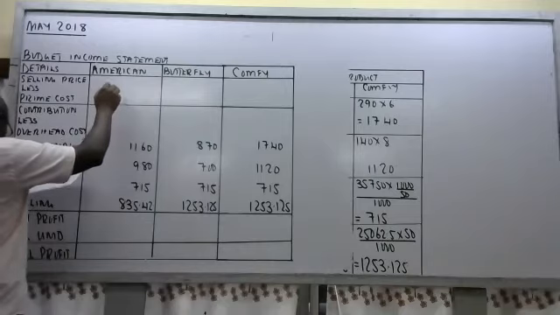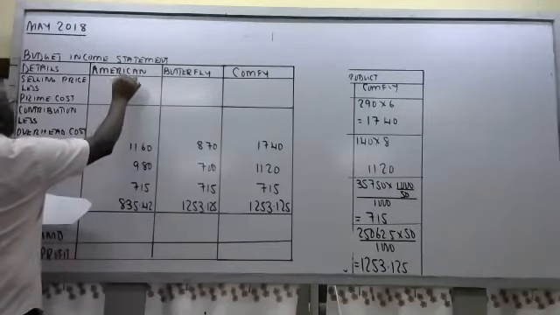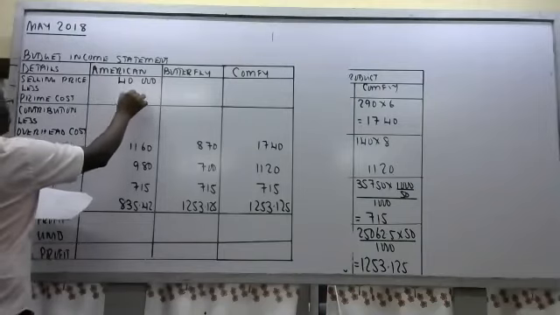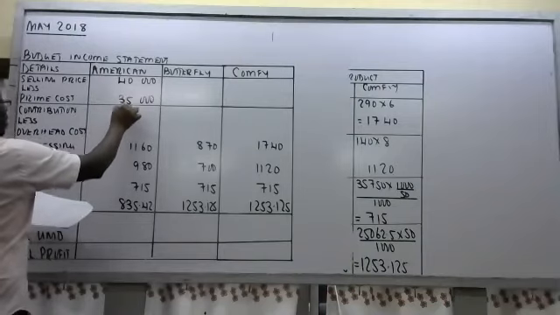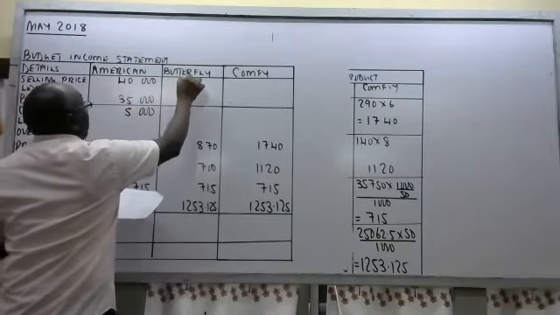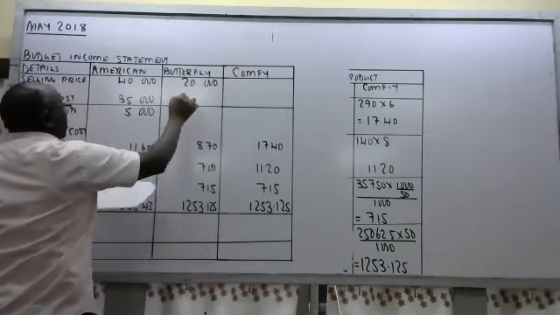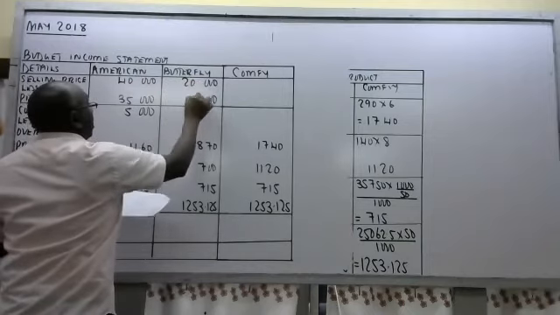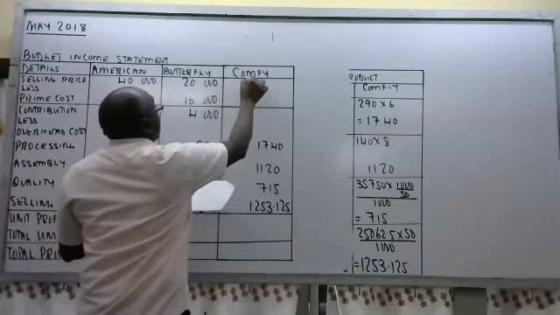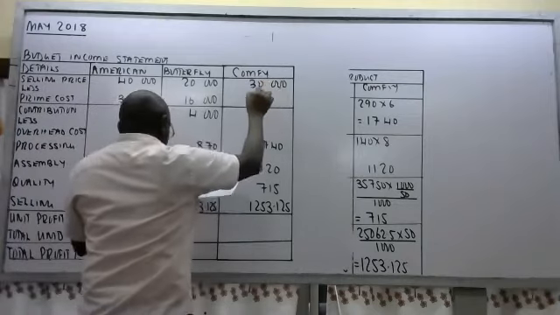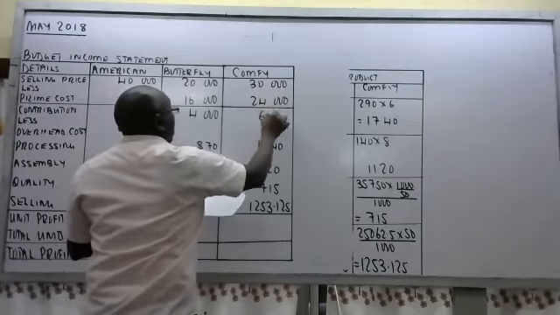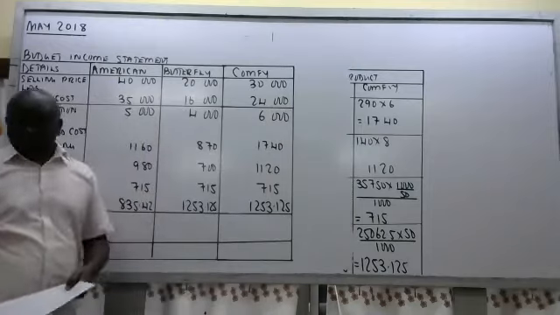The selling price we just record as we had: 40,000, and this is 35,000, so the contribution is 5,000. Then this is 20,000, 16,000, so I have 4,000. 30,000, 24,000, and this is 6,000.